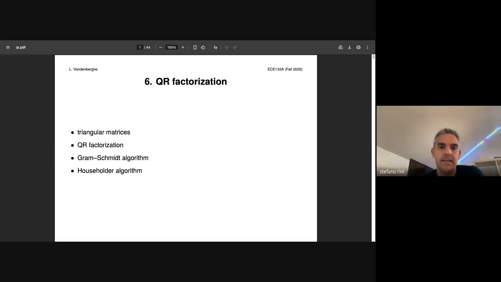Because it's very intuitive, right? If this is a pseudo inverse, and you take the inverse of Q times R, of course this becomes R inverse times Q inverse, and Q inverse is Q transpose. So this is really the result that we would have expected.